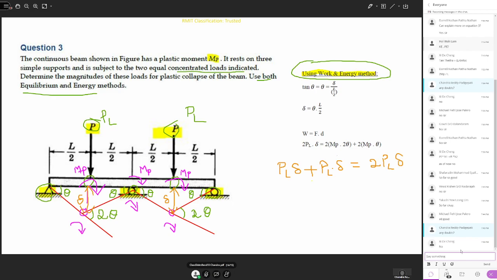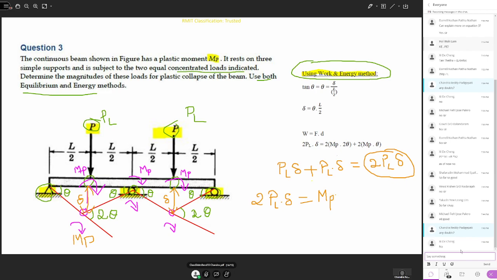Now we need to equate this work done by the plastic loads with the work done by the plastic moments. In all the cases, you can see the angular displacement is theta, but at this point the moment MP will be MP into 2 theta. So we can write 2 PL into delta is equal to, the work done by the plastic moment at this point, MP into not theta, but the angle is 2 theta.